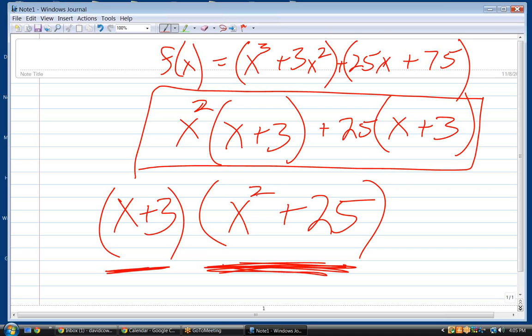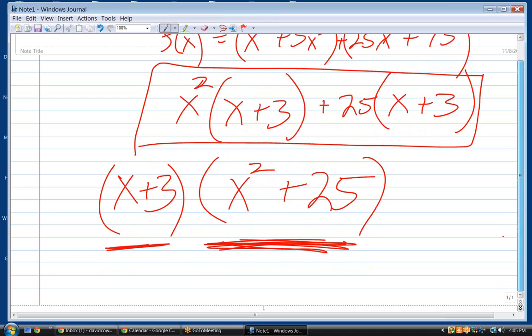Now, if this was an x squared minus 25, I could break it up into x minus 5 times x plus 5, and I would have 3 linear factors. But I can't split up x squared plus 25. There's no zeros to that. That has imaginary solutions of plus or minus 5i.